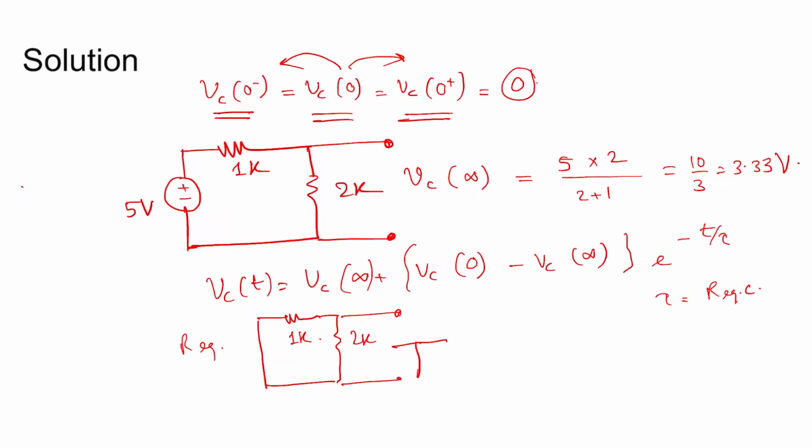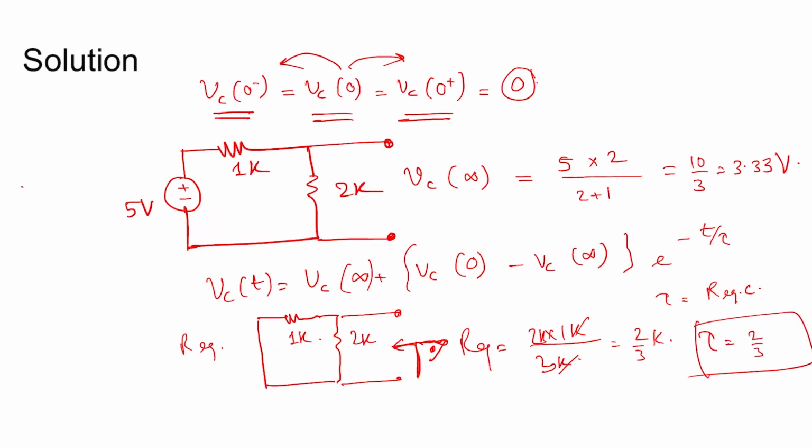R equivalent is the parallel combination of 2K and 1K, which is 2K into 1K by 2K plus 1K, that is 2 by 3K. So tau comes out to be 2 by 3K into 10 to the power minus 6, because 1 microfarad is the capacitor value, so 2 by 3 millisecond.